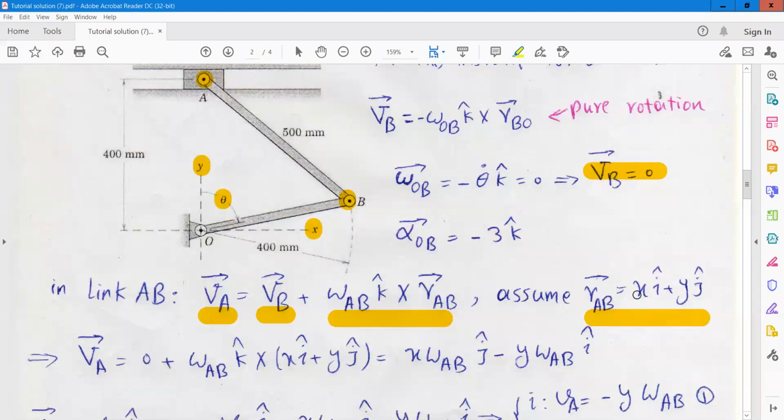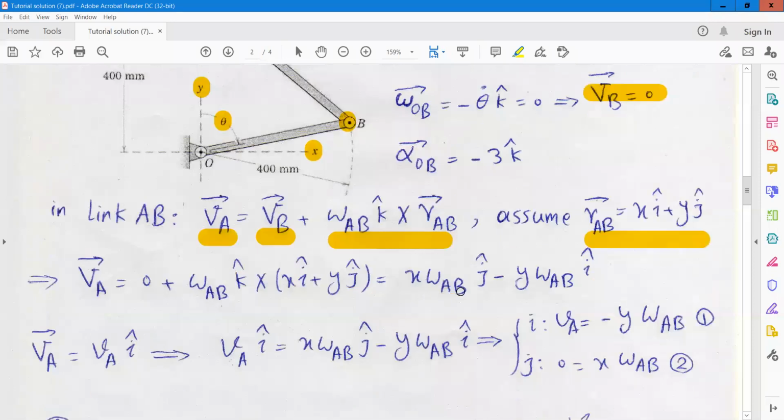So we assume that RAB is XI plus YJ. If you substitute into this equation, the velocity of B is 0, because the angular velocity for link OB is 0. Omega AB cross X plus Y is equal to X omega AB minus Y omega AB in Y and X direction.